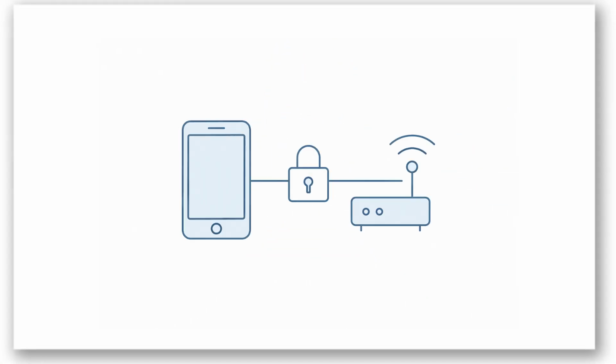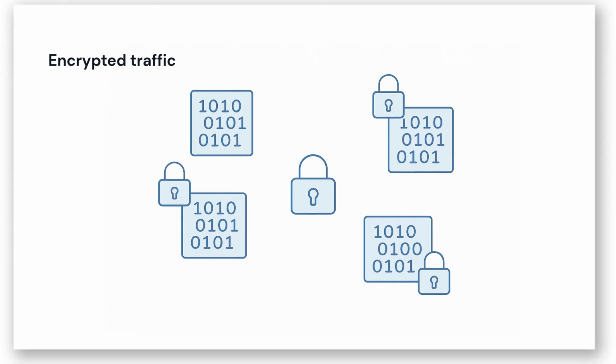Wi-Fi is not just about speed, it also has to keep your data private. When you connect with a password, your device and the router perform a short handshake. They agree on secret keys used to encrypt your traffic. Modern Wi-Fi standards like WPA2 and WPA3 scramble the bits inside each packet.